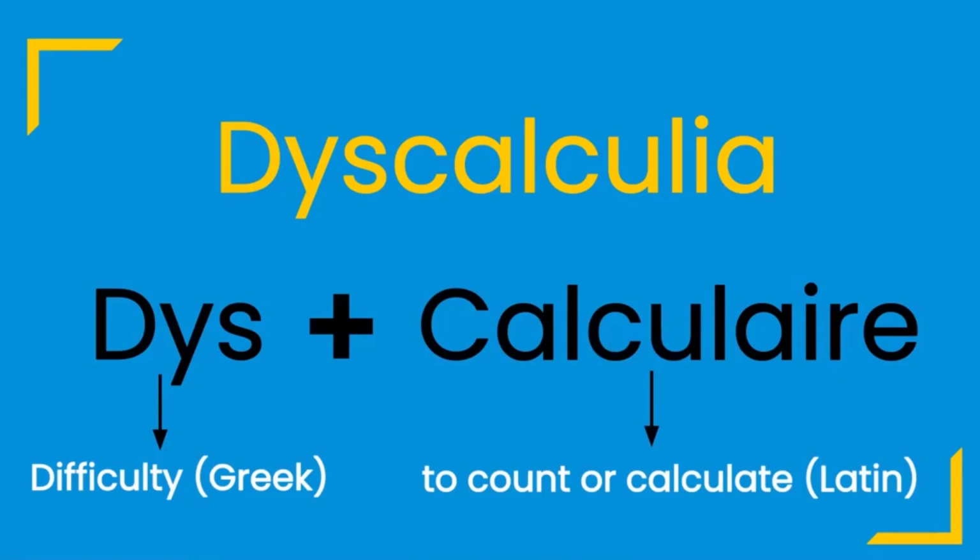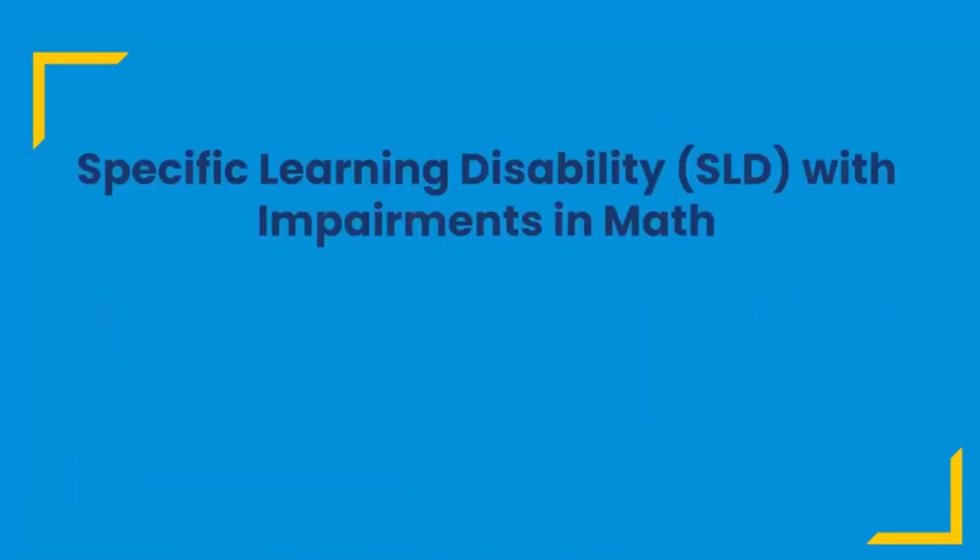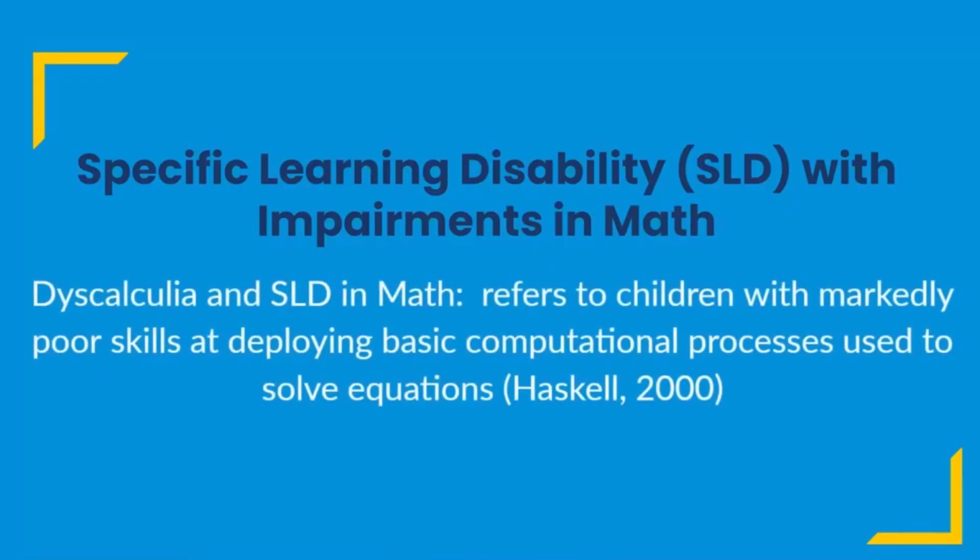Another common term you may have heard of, and one that's in the DSM-5. The DSM-5 is what we use to diagnose a child that's having an issue, but it's called the Specific Learning Disability, SLD, with impairments in math. Isn't that a mouthful? The DSM-5 implies that dyscalculia and SLD in math are synonymous, and there is variance of severity from mild to moderate to severe.